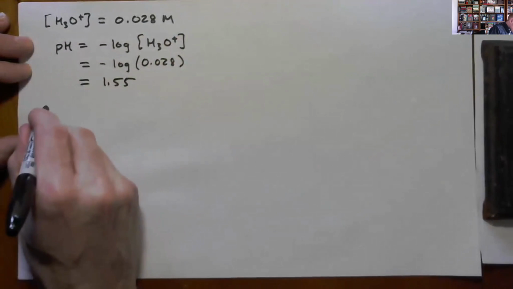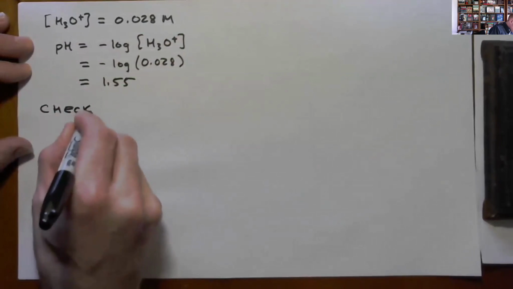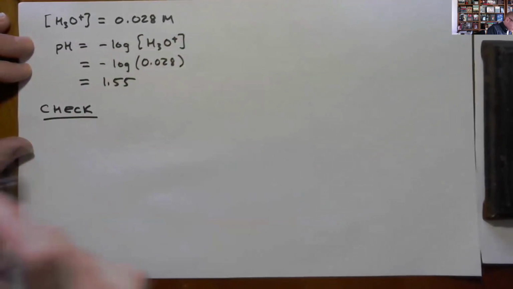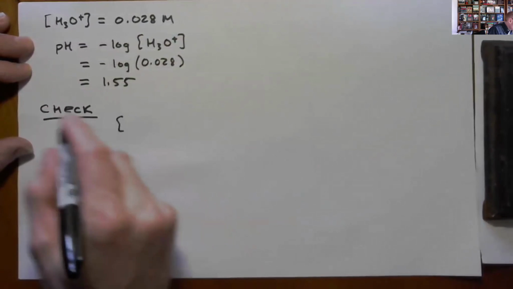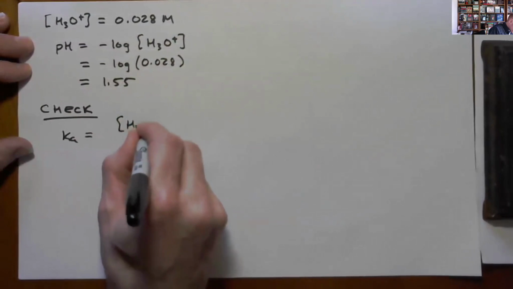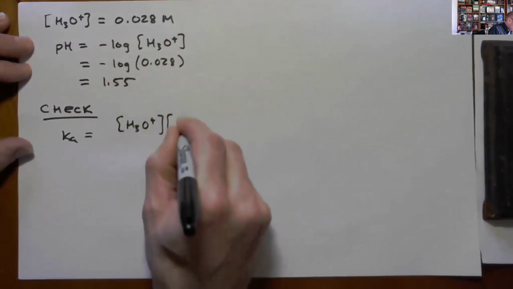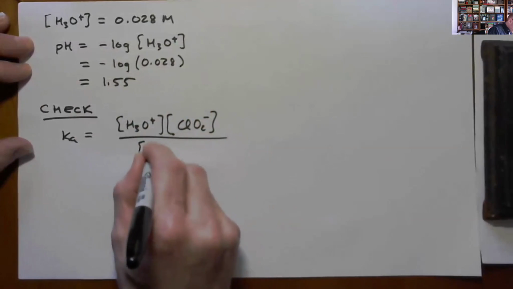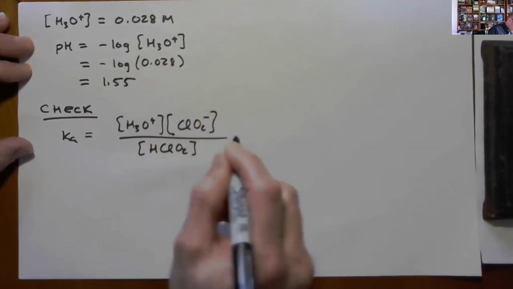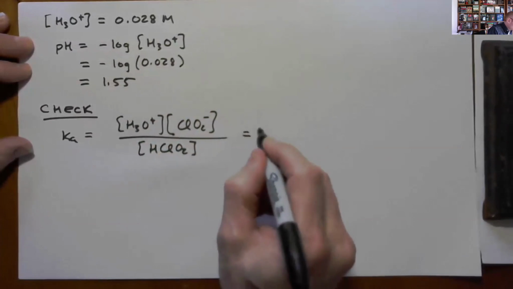And now I'm going to do the check. And the check on this, again, is to calculate the value of our equilibrium constant. And so what do these evaluate to?